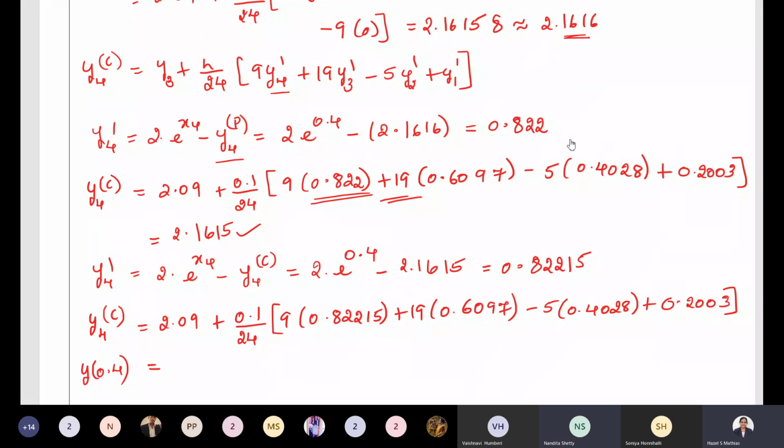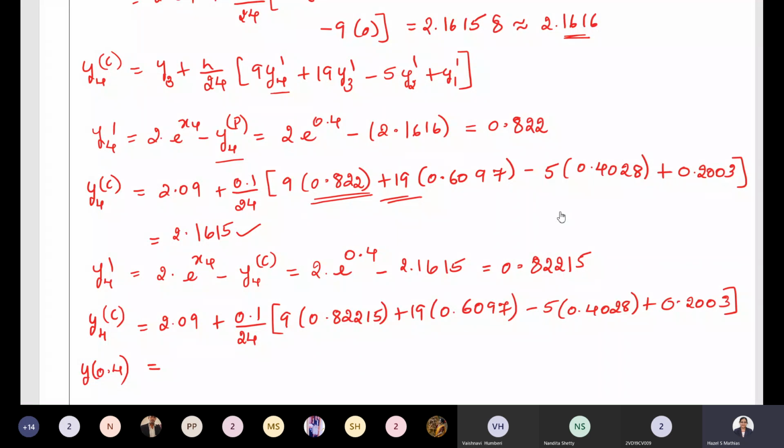2.1615, ma'am. Yes, ma'am. Okay. Anybody else? Any other answer? 2.1615. Okay. Sonia, did you get the answer? Yes, ma'am. Okay. Rohit, what's the answer? Rohit is still calculating.